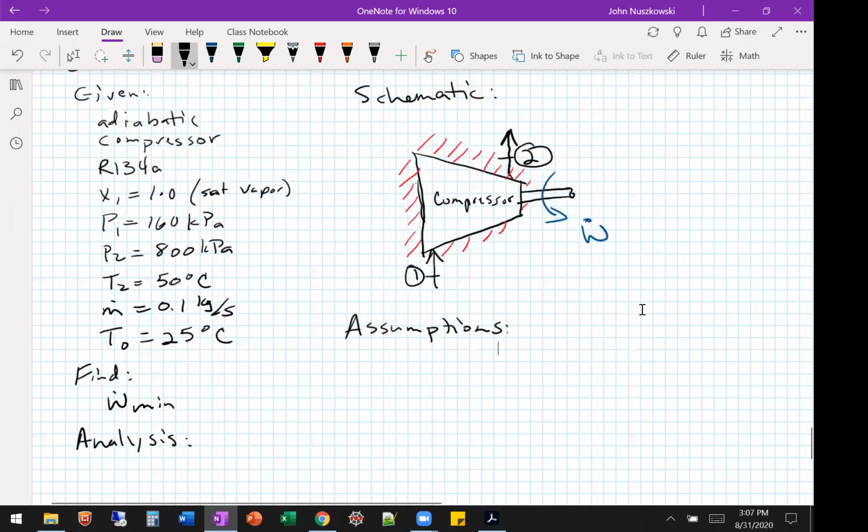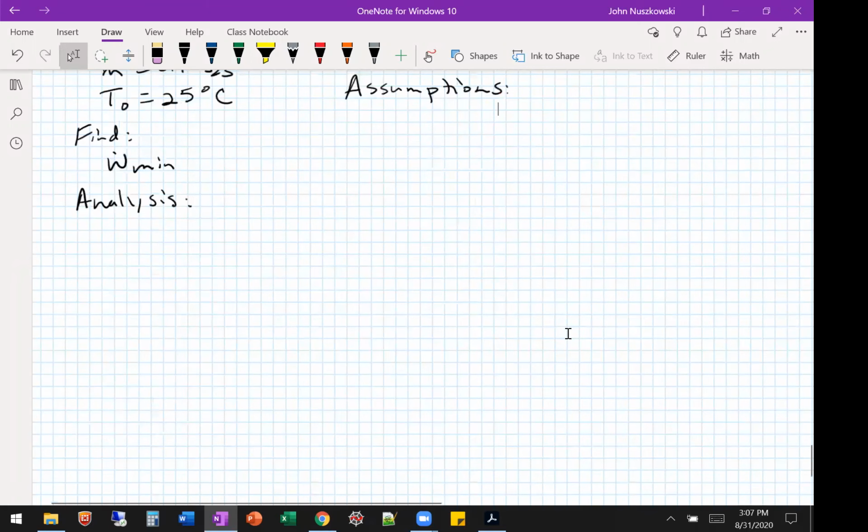All right. So where do we want to start? We're looking for that minimum power. At state one. So what equations do you want to use to get there? You want to find out what the work rev is, the reversible work. Yep. So that'll be our minimum work if we do this reversibly.